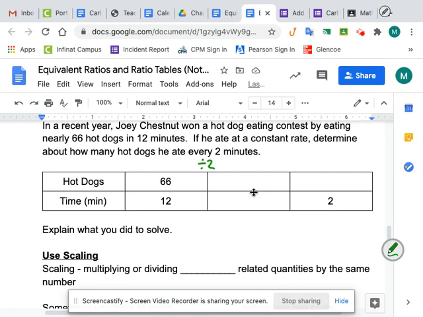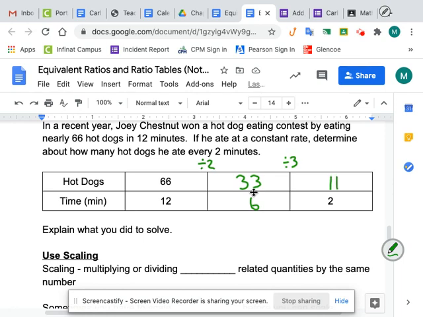I would do that for the top and the bottom. 66 divided by 2 is 33, and 12 divided by 2 is 6. Now I know that I can still reduce, and this time I would reduce by 3. 3 goes into 33 and 6 to get 11.